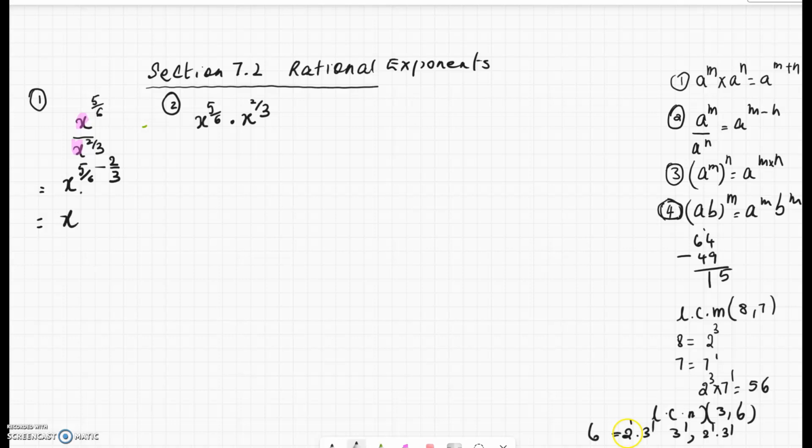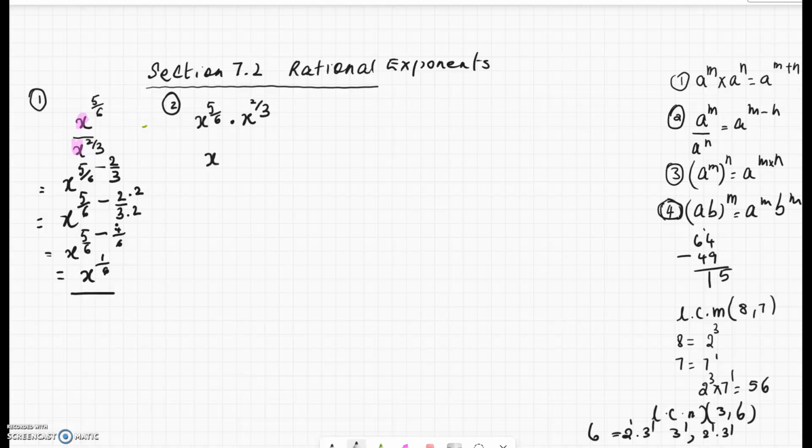So we have x to the 5 over 6, we leave the 6 alone because the 6 is the common denominator, but the 3 can be made into a 6 by going 3 times 2. So this is equal to x to the 5/6 minus 4/6, and that is equal to x to the 5 minus 4 is 1 over the common denominator of 6.